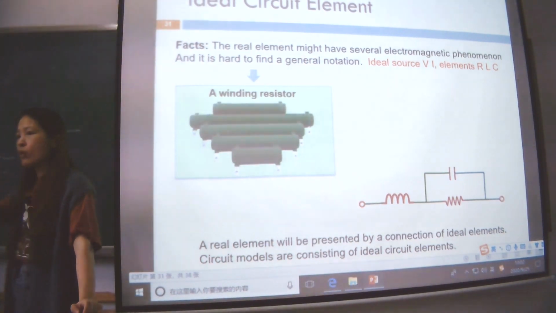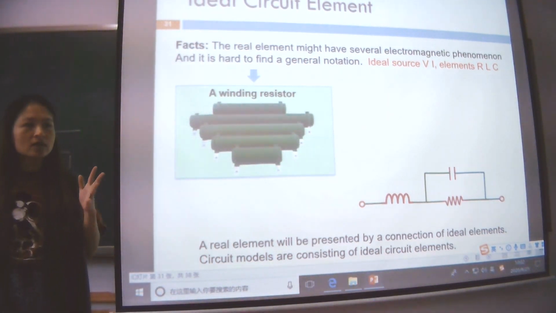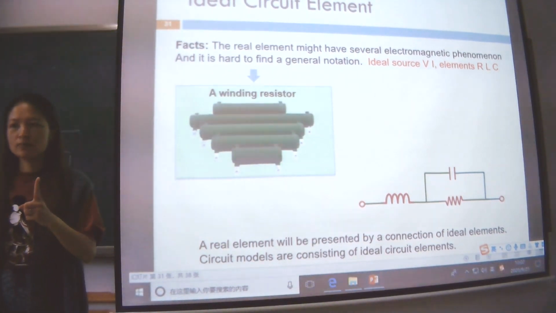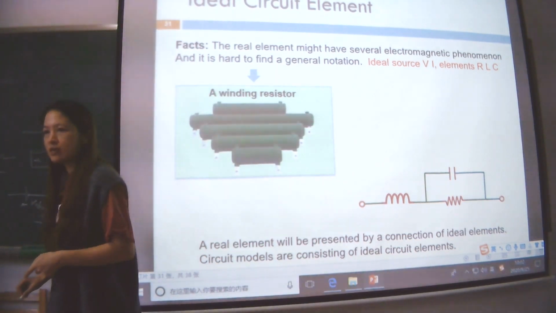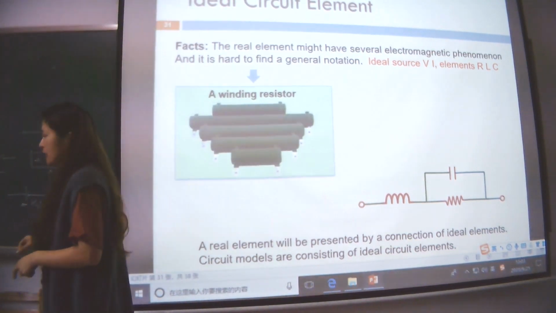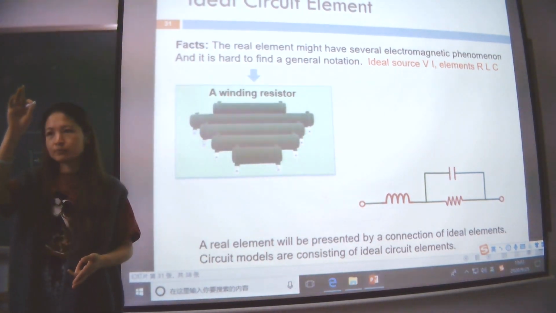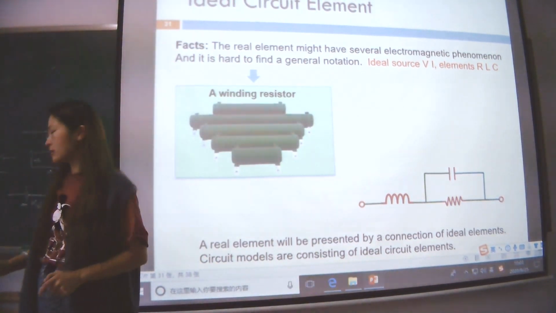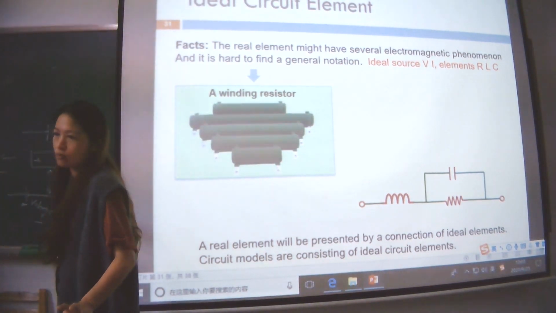It just reflects one thing. But in real life, an element doesn't just have one property, right? It might have R, and maybe inductance together. In most cases, for example, the bulb has R, and it might have this one as well.